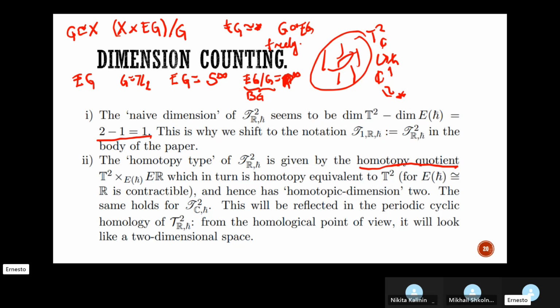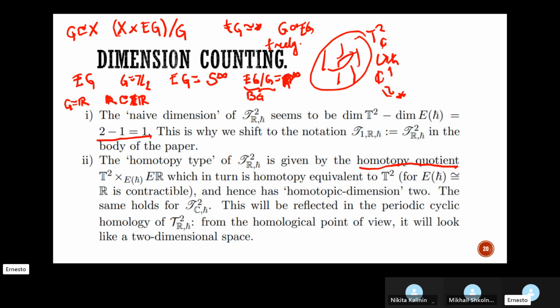But for R, if G is R, well, there is an obvious contractible space where R acts. Well, what is your guess, Misha? R acts on what? On what space? R, on R by itself, freely. So ER is just R.